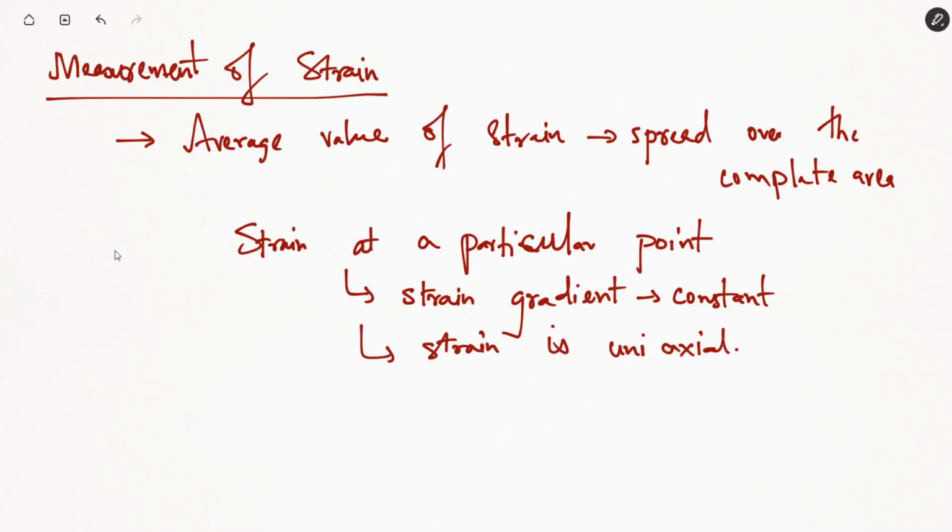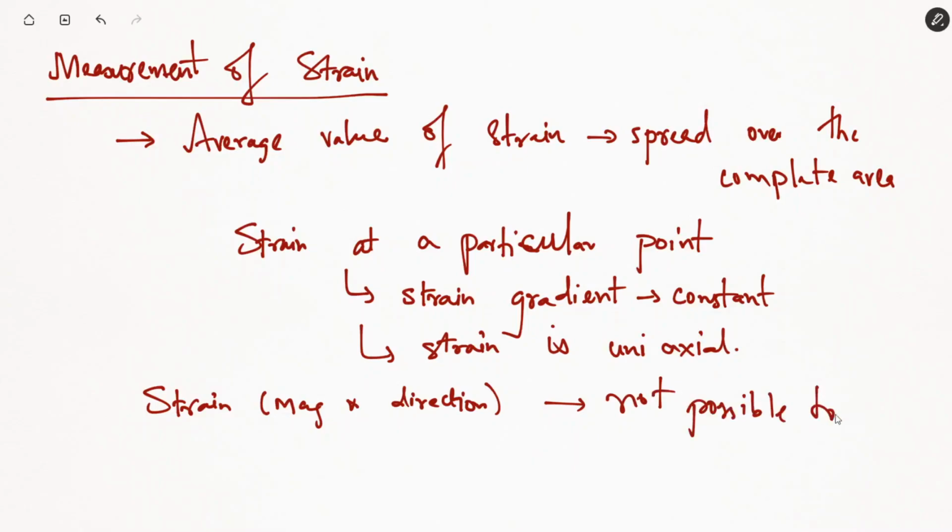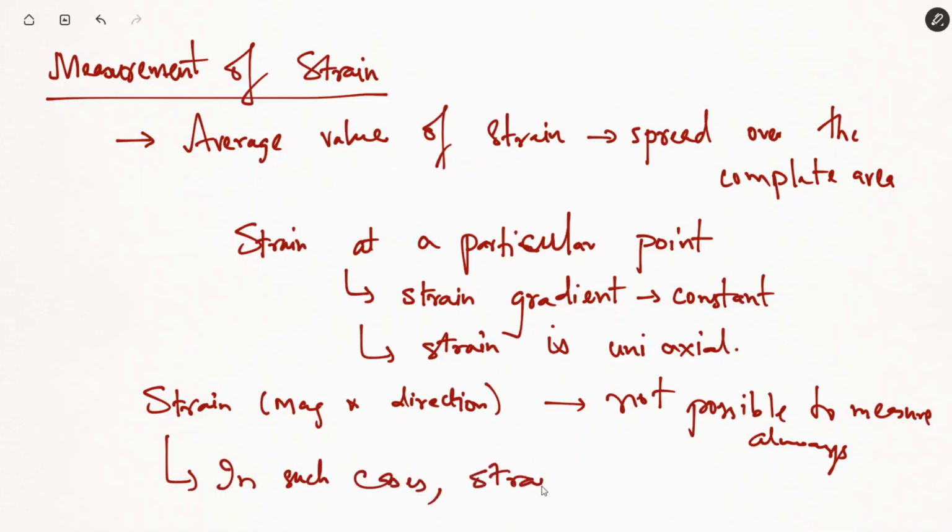But it's better to derive a model which makes sure that we are able to determine the maximum strain and the direction by using measurements in three different directions. The strain magnitude and direction are not always possible to measure accurately. So in such situations, strain measurement will be done in three different directions.